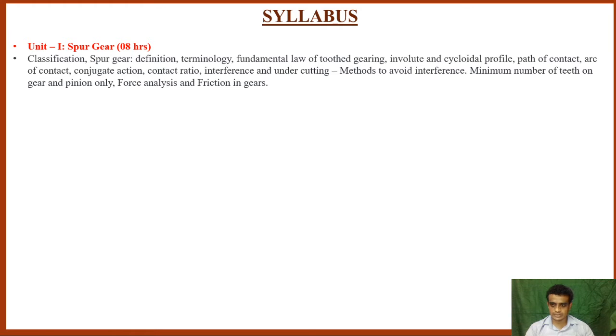Then the kinematics of gear, which includes path of contact, arc of contact, and contact ratio. Next, we study interference and undercutting in gears, methods to avoid interference, and the minimum number of teeth in the gear and the pinion. Again, force analysis of the gears.